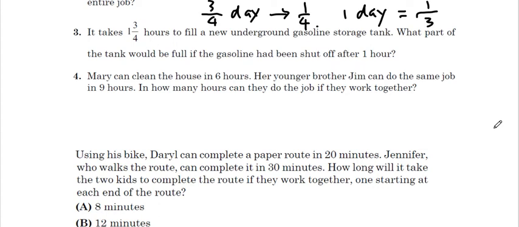What part of the tank will be full if the gas has been shut off after 1 hour? So 1 hour can do how much work? Just like that. So 1 and 3 over 4 hours can finish the job, equal 1.